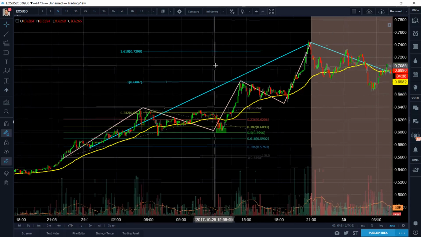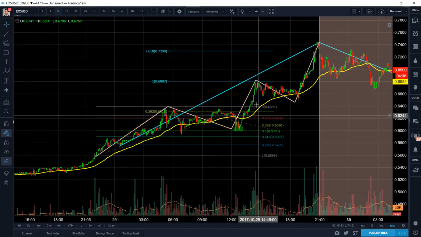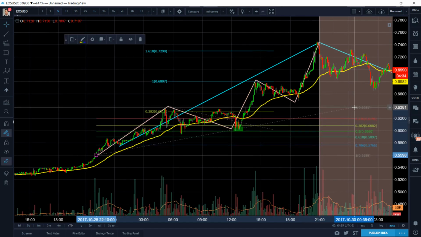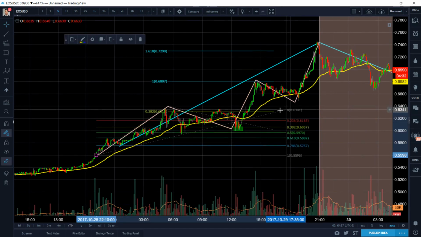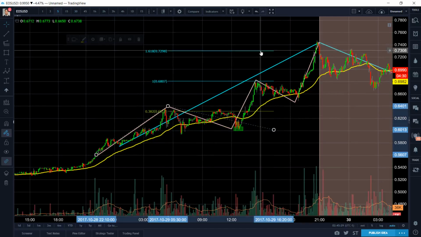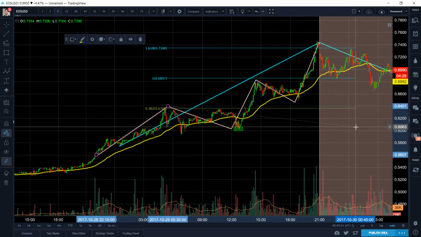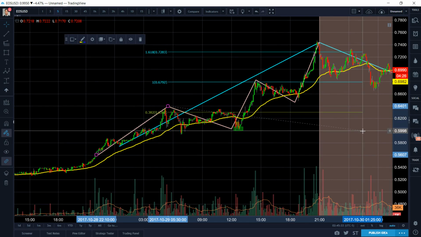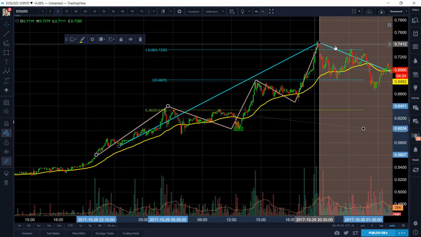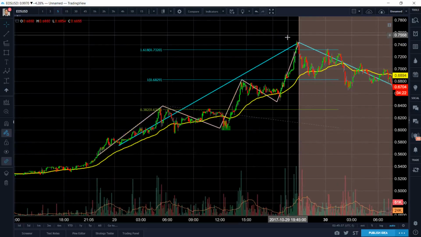Not only did it hit the 1.0 level, but if you notice right here as well, I'm going to delete this now that we're done with it, we almost broke the 1.618 level.